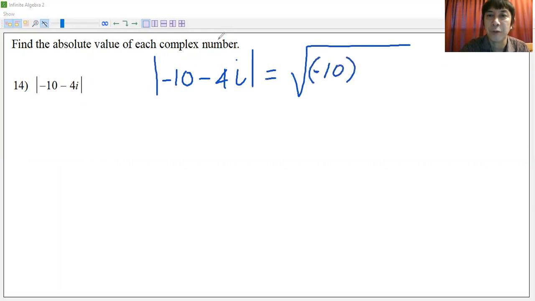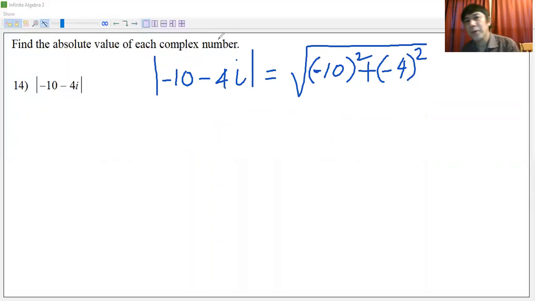I will not write the formula anymore. I will just get the numbers and then I will show you how it's done. Plus the negative 4, and you will have to square that there. Okay, so when you square these numbers, they will be both positive.